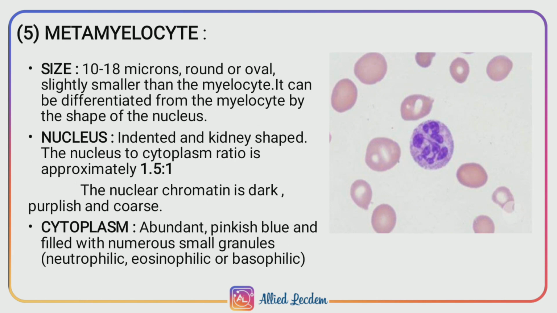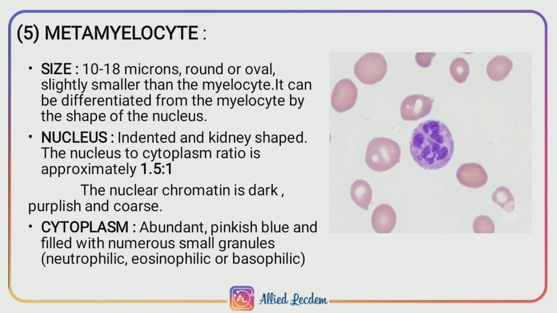Metamyelocyte stage. The size of the cell ranges from 10 to 18 microns and it is round or oval shaped, and it is slightly smaller than the myelocyte. It can also be differentiated from the myelocyte by the shape of the nucleus. So here, as the blood picture shows, the nucleus is indented, that is oval shaped or kidney shaped.